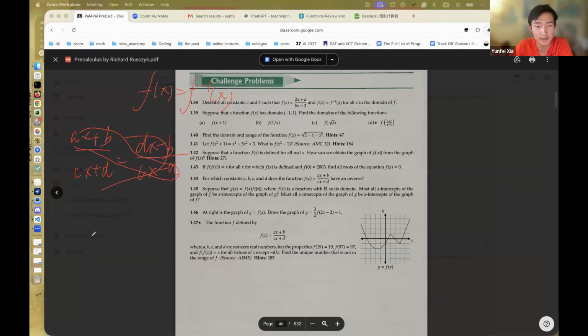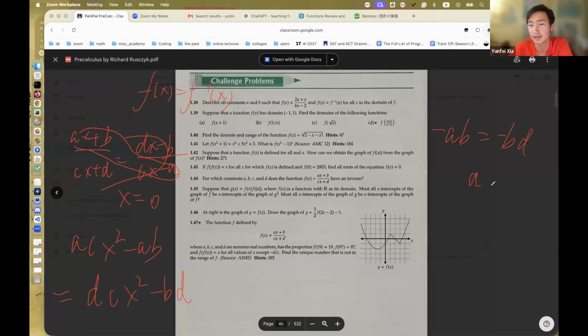So ac x squared minus ab is equal to dc x squared minus bd. Right? Then you can see that since this is true for all x, when x is equal to 0, then we have negative ab is equal to negative bd. So therefore, a should be equal to d, where b is not equal to 0. And then similarly, you can also conclude that c is equal to 0 or a is equal to d.